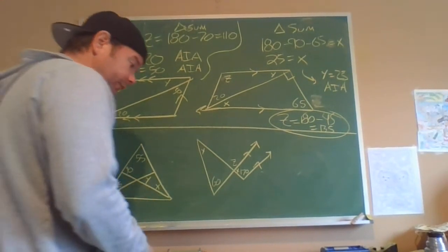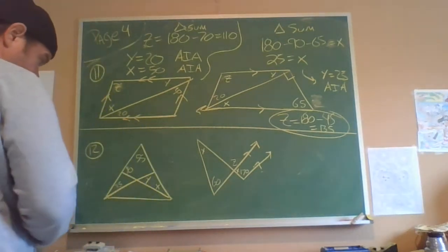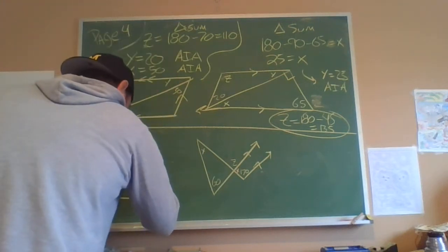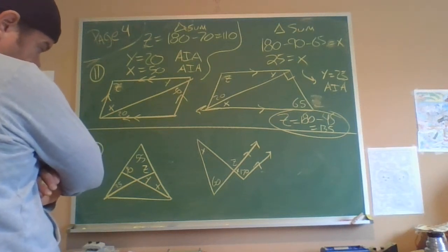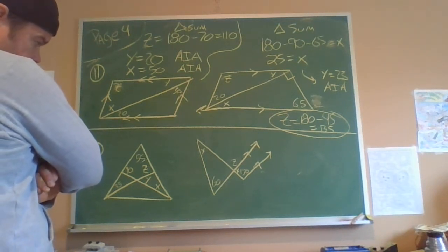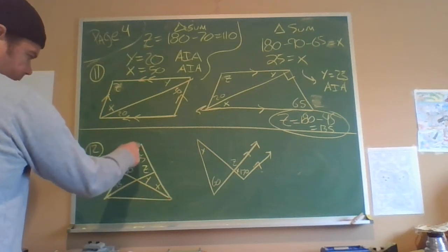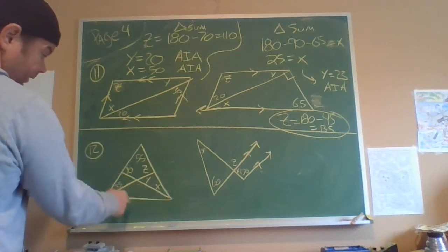Okay, number 12, there's 3 pictures down here for number 12. Let's see what the situation is. There's an x, y, and a z, and all kinds of triangles in this picture. So I think the first thing I notice, x is a part of this triangle that goes like this.